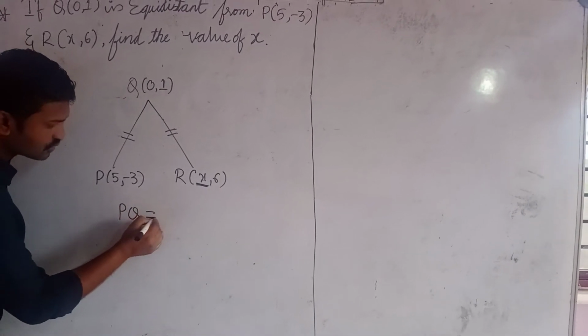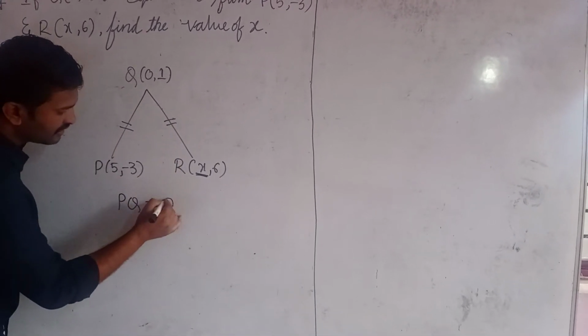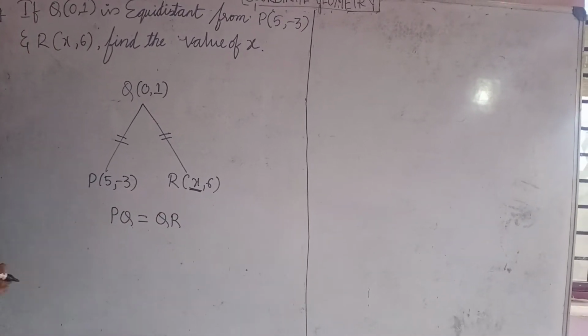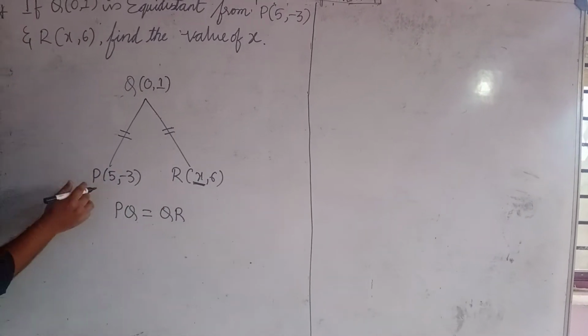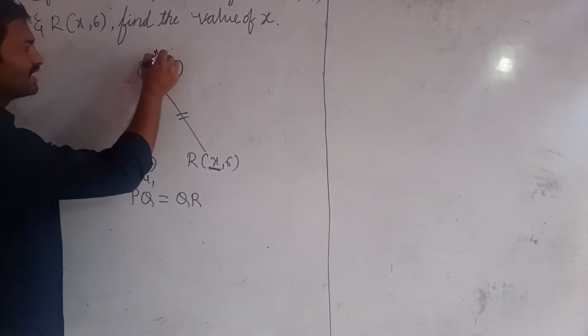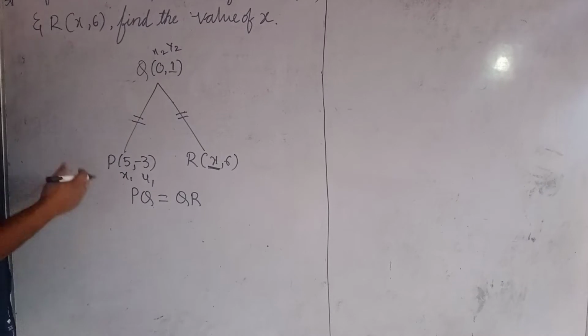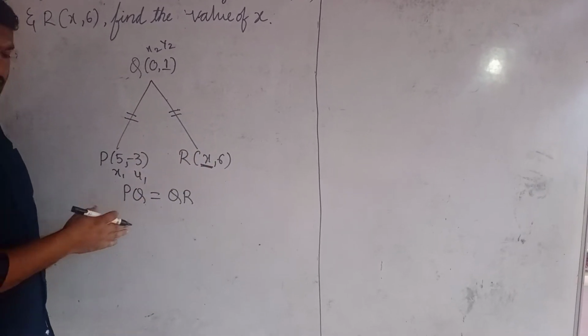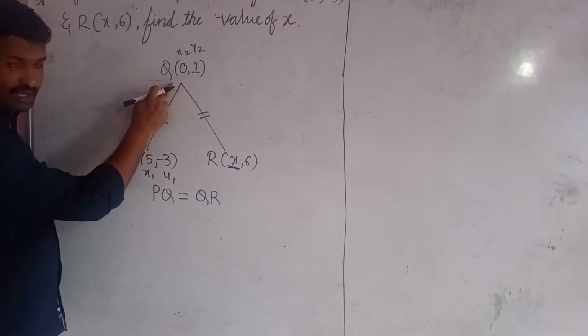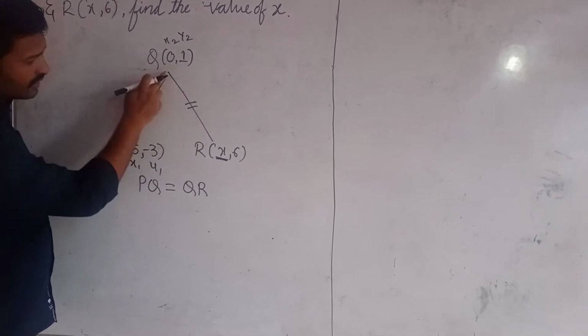PQ equals QR. We'll apply the distance formula. First, I'll consider this as x1, y1 and this as x2, y2. We are finding the value of x only by applying the distance formula. Why are we putting an equal sign here? Because the distance from here to here equals the distance from here to here.